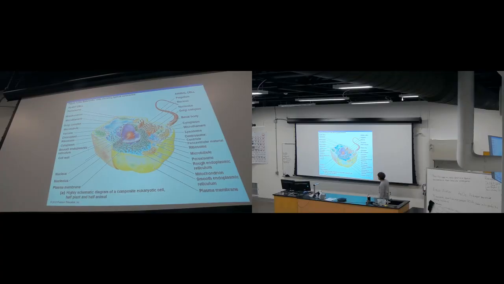Okay, now let's move into animal cells. So, components of the animal cells: a nucleus surrounded by a nuclear membrane. You have nucleoplasm, you have a nucleolus. Within this nucleoplasm, you have DNA, and then you have these pores of the nuclear membrane that allow messenger RNA to exit the nucleus. Attached to this nucleus, you have the rough endoplasmic reticulum, which has ribosomes attached to it to produce proteins.